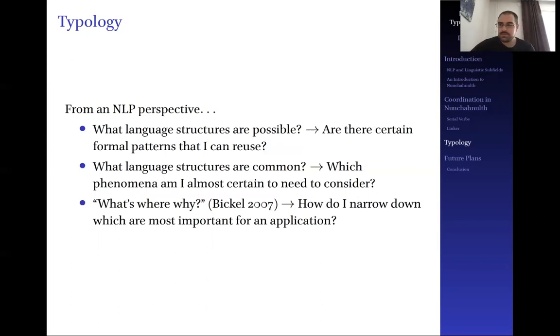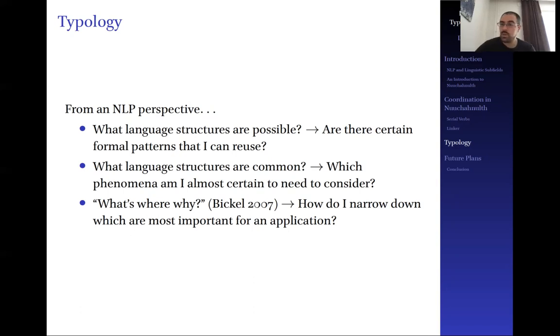From an NLP perspective, we're getting slightly different things out of typology. What language structures are possible leads us to ask, are there certain formal patterns that I can reuse when I change my application from one language to another? What language structures are common can tell me which phenomenon I'm almost certain to need to consider and which ones are maybe more marginal.